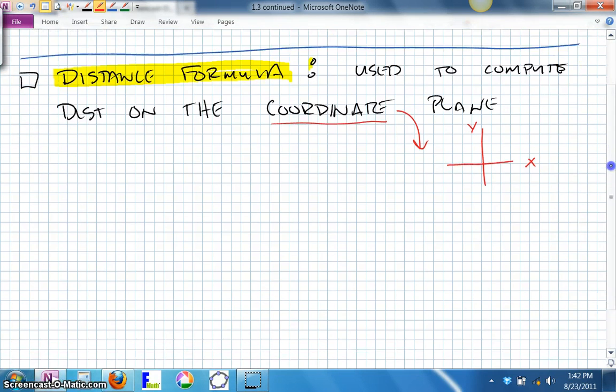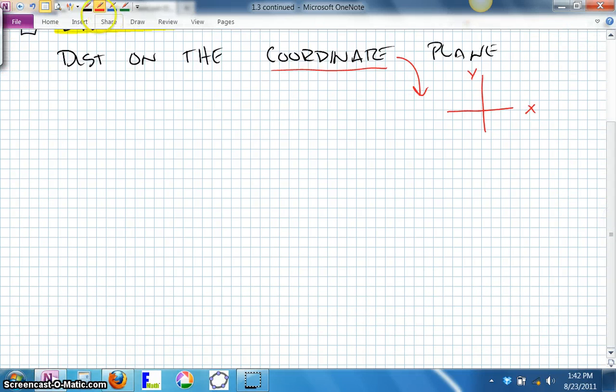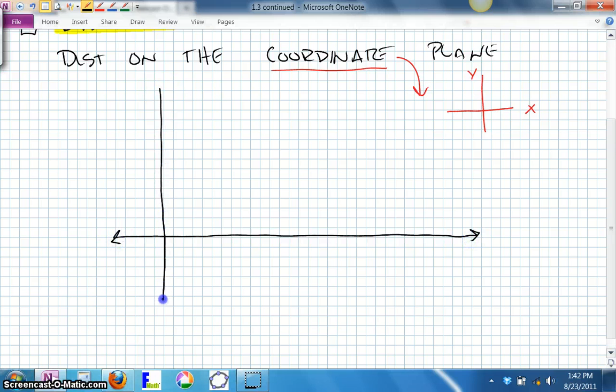Okay, so what I'd like you to do is show the development of how we get the distance formula. On your page with your rulers, draw yourself as straight as possible a nice coordinate plane.